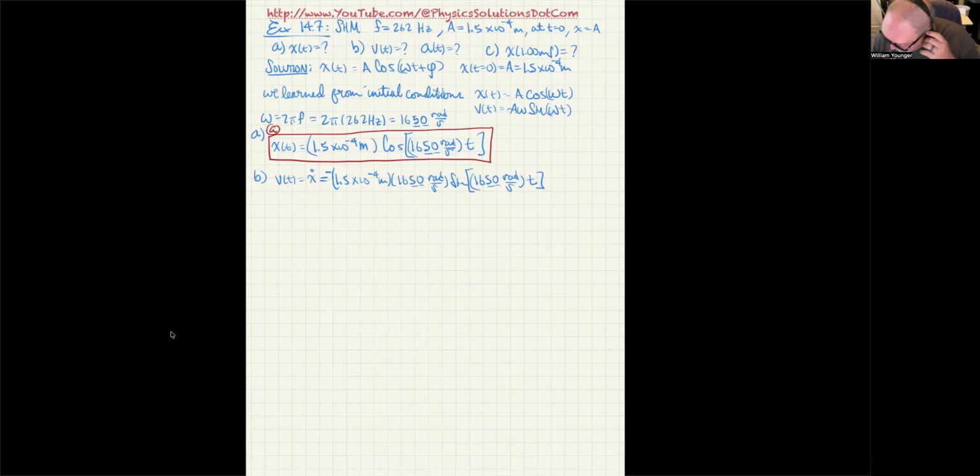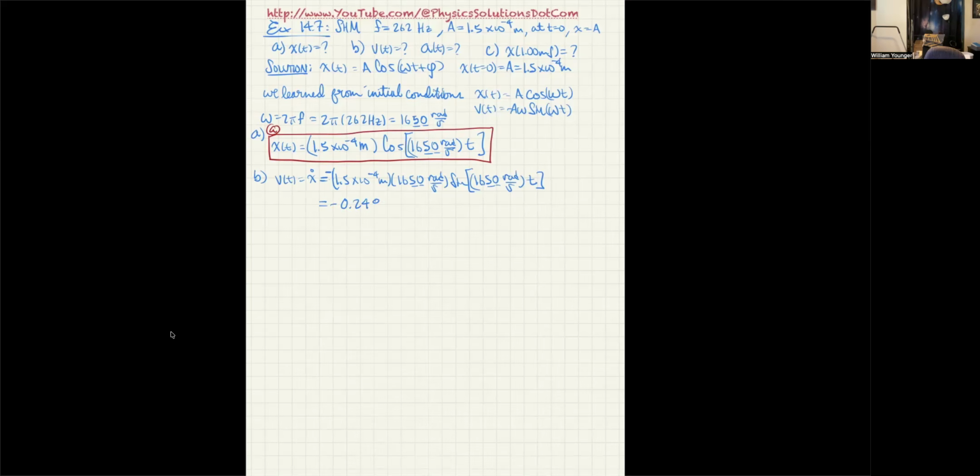Now we can compute all this. 1.5 times 10 to the negative fourth times 1650 gives me 2.2475. So this is going to be equal to negative 0.24.